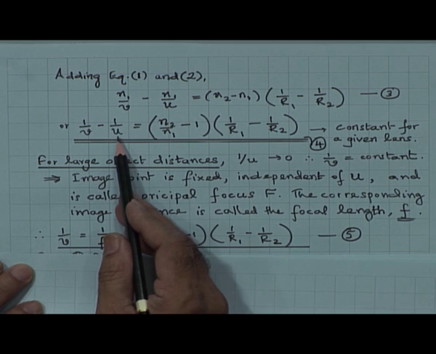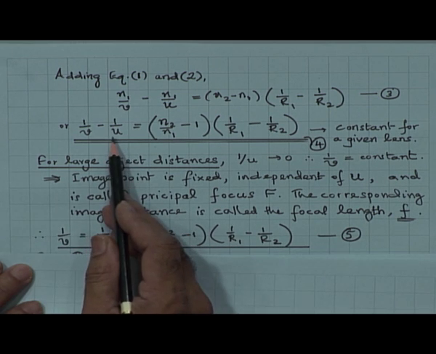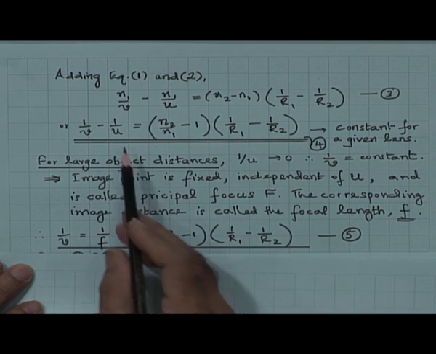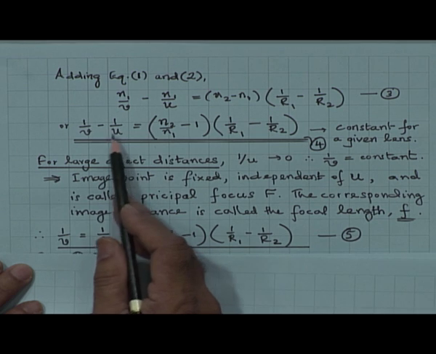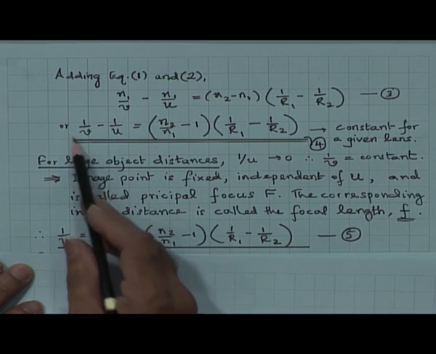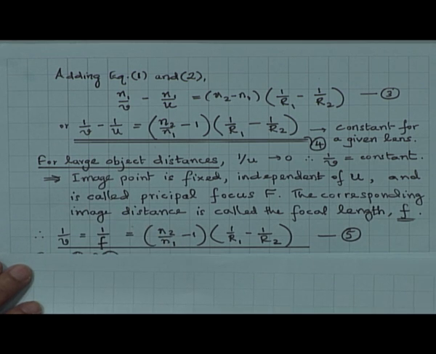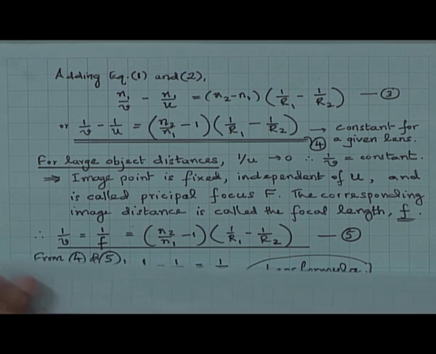That is, when the object is at a large distance, it means the rays from the object are almost parallel to the axis, but they all converge to a point at a distance V, and that point is called the focus, the principal focus. We will discuss this in more detail in the next slide.